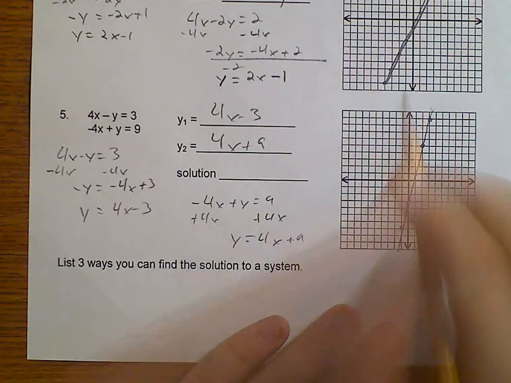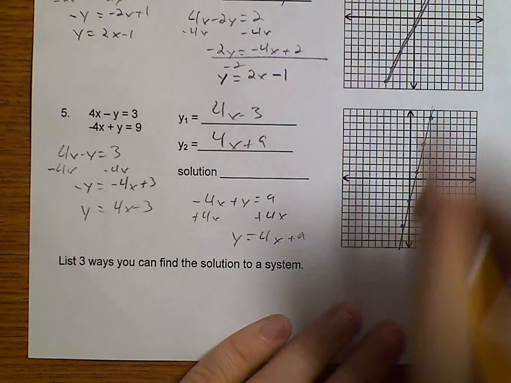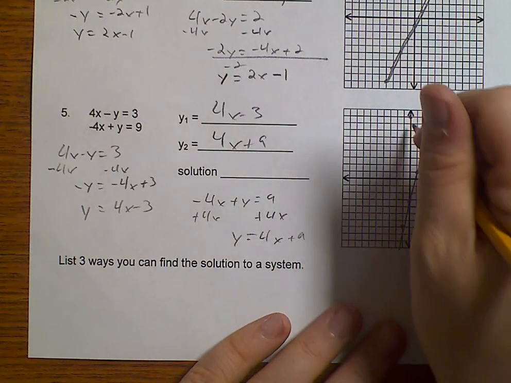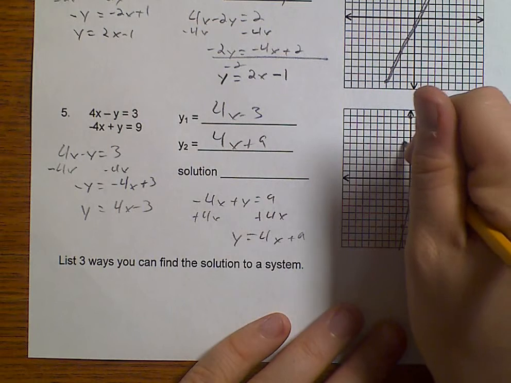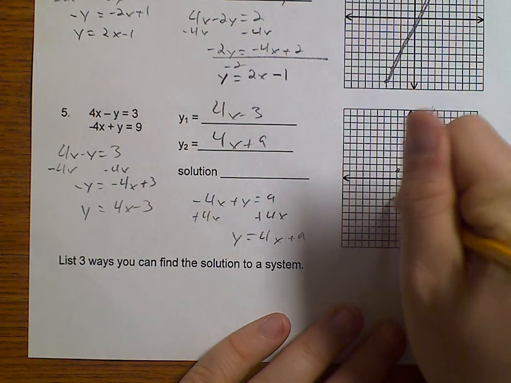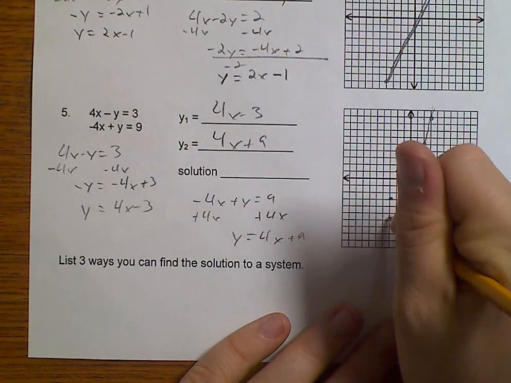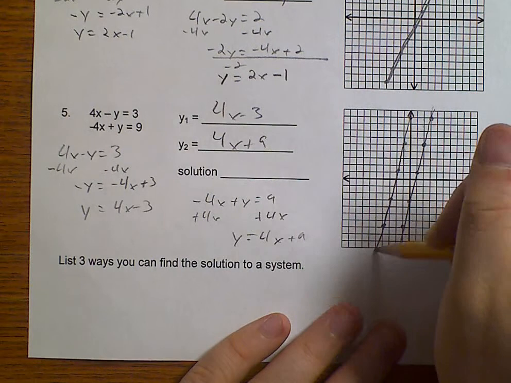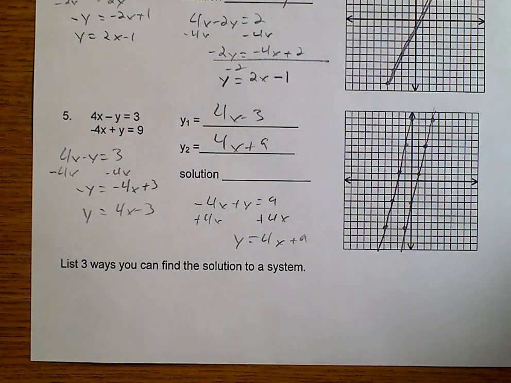Start the next one. It starts at positive 9. Since I can't go up and over, I go down and left. And notice that these two lines are parallel, which means that there is no solution.